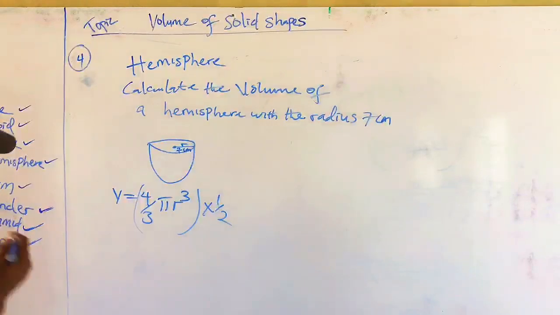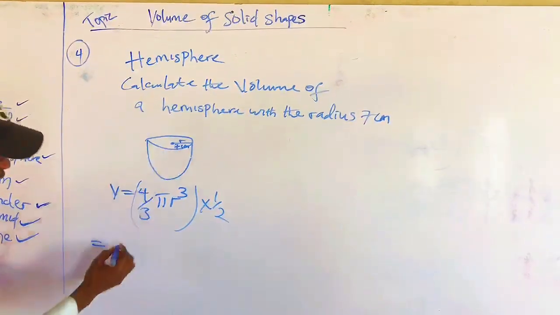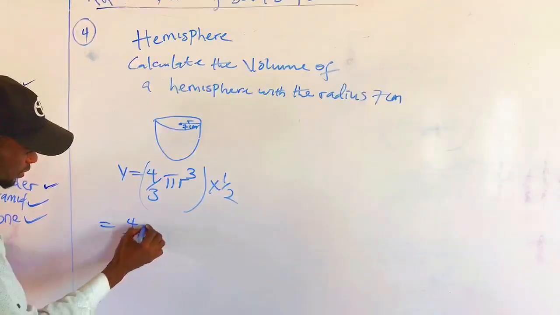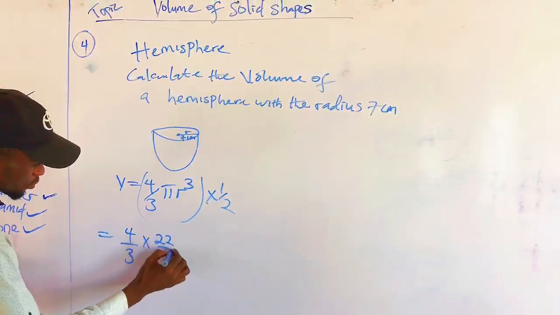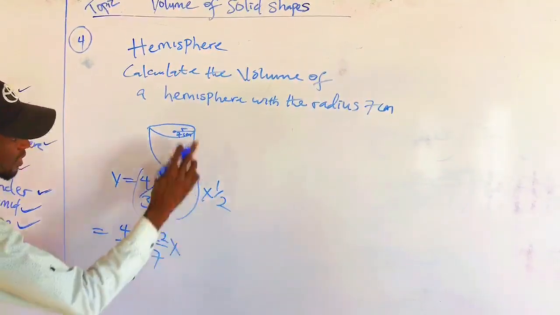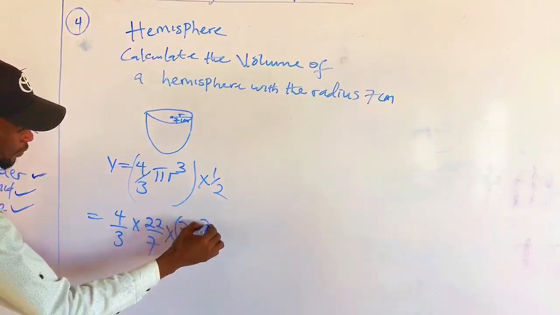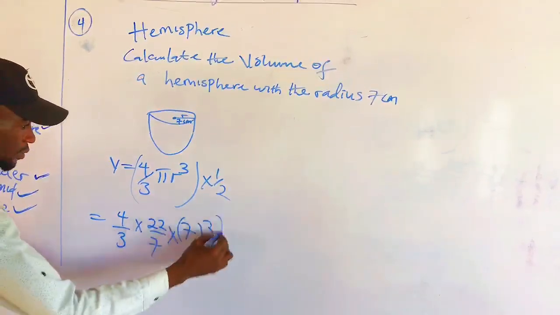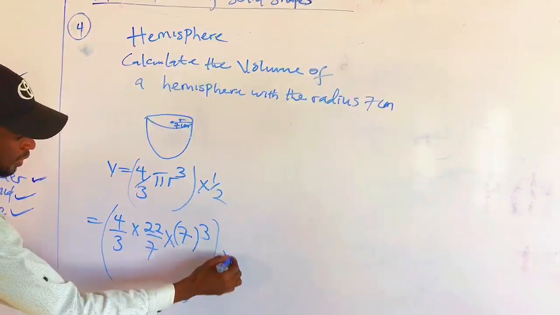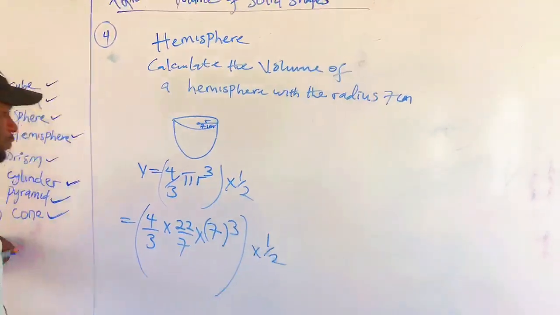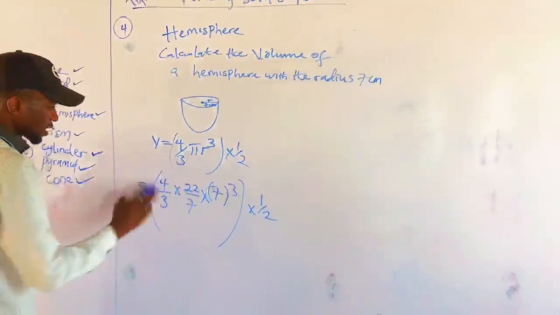This is the formula. Alright, so our radius is 7, so we are having 4/3 times pi, which is 22/7, times the radius 7 raised to the power of 3, all in brackets, times 1/2. Now from here, I can cancel out.